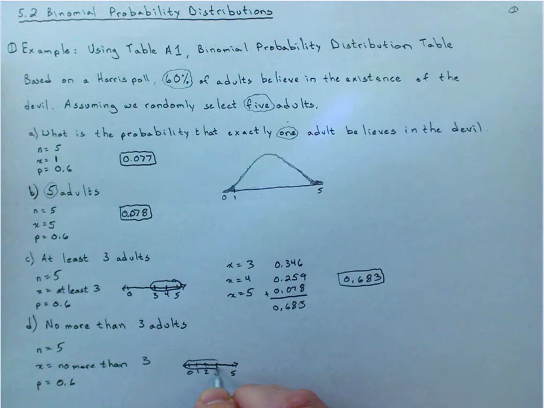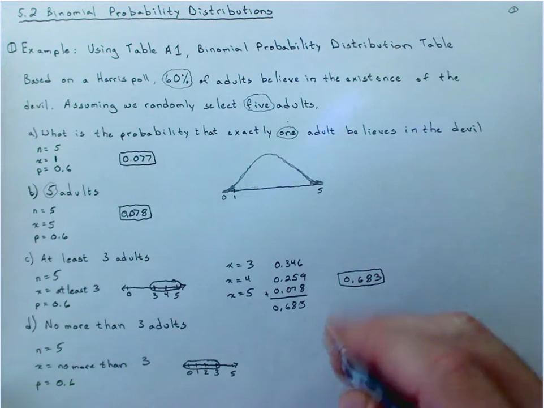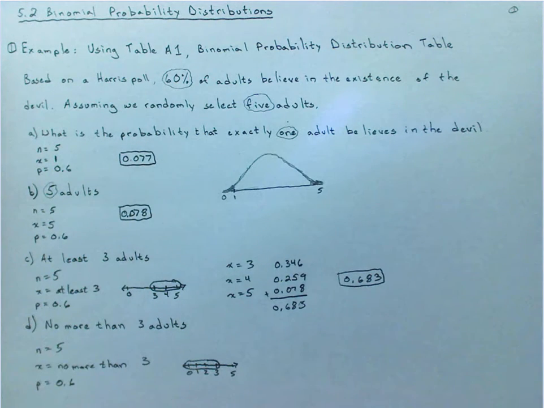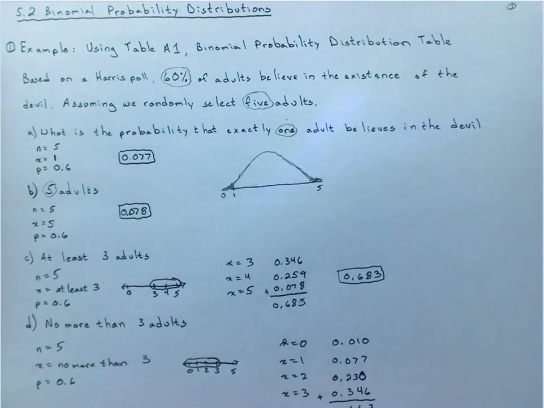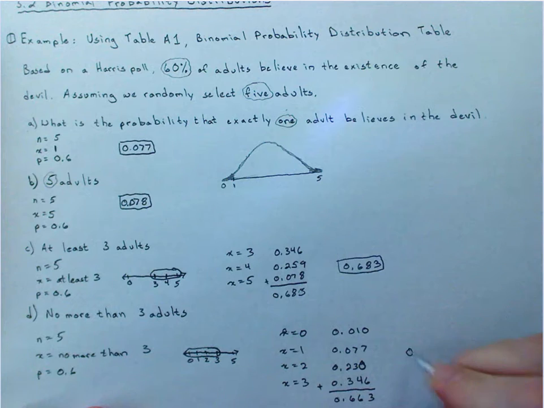So I'm looking at those 4 values. For the sake of time, I'm going to go ahead and just write the information down. Let me slide it up some so you can see it. And there is our answer, 0.663.